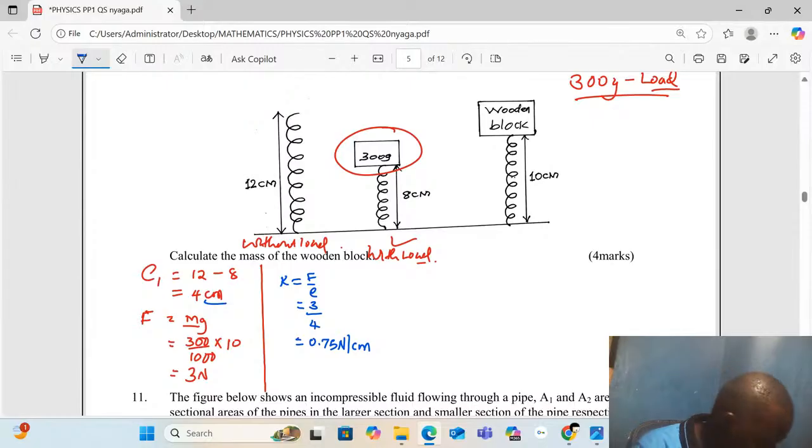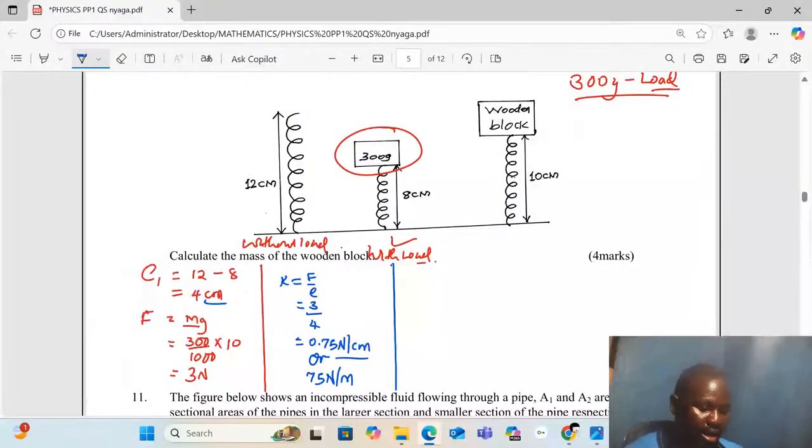Remember, this one can be converted into SI units, or in SI units, it is 75 newtons per meter. You multiply by 100 so that you can get it in SI units.